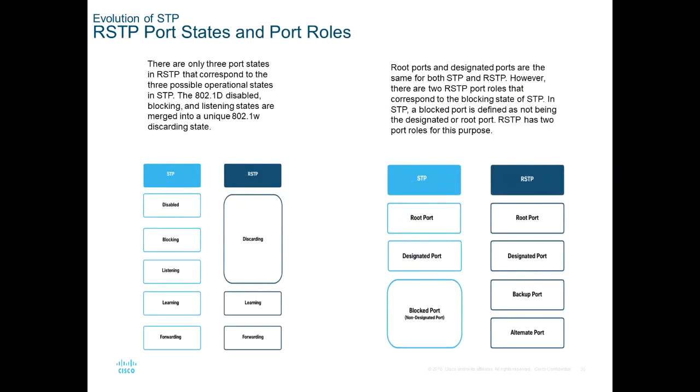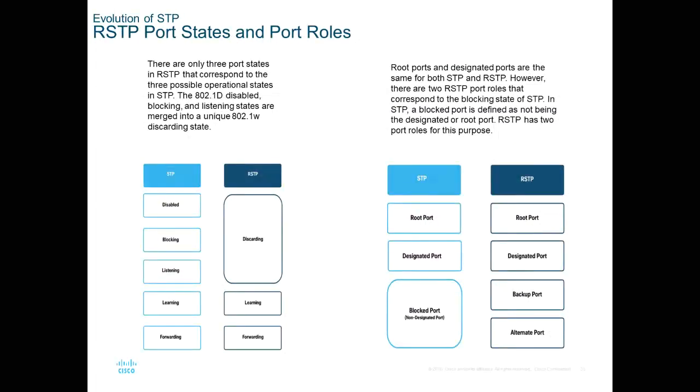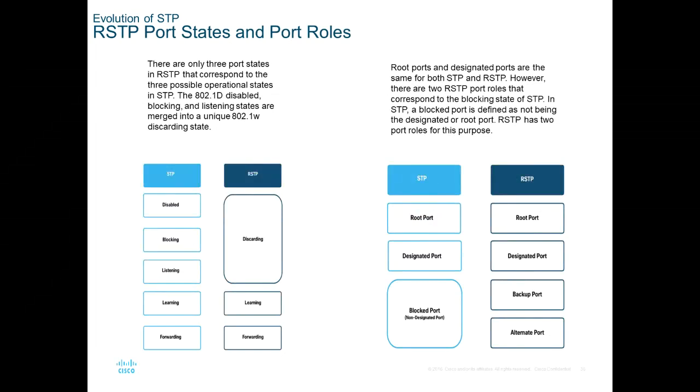So we have standard on the left, rapid on the right. So in the initial startup, where you have disabled, blocking and listening... no, I'm not going to do that.